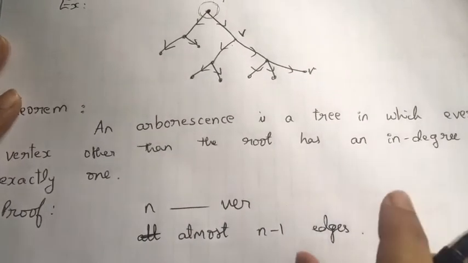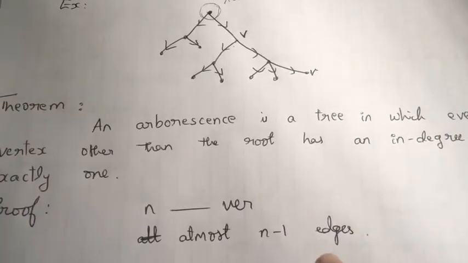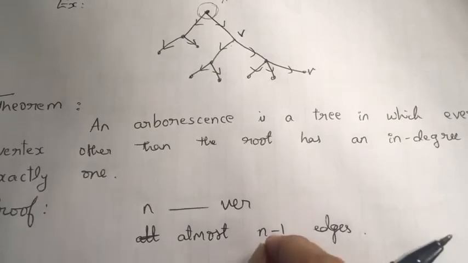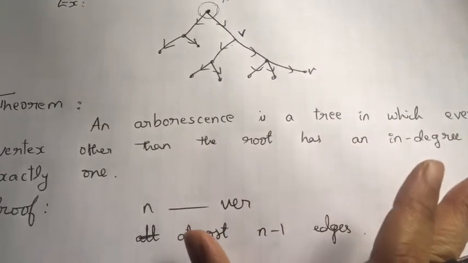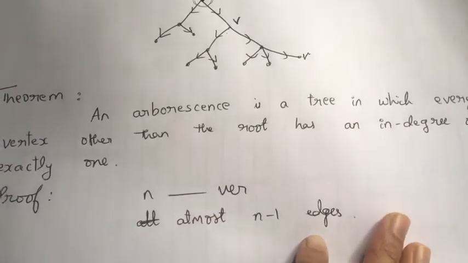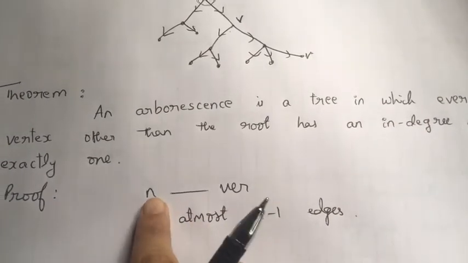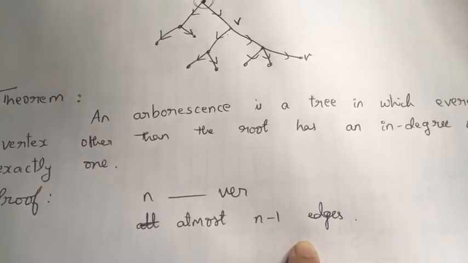because of condition 1 that says this digraph does not contain any circuit, meaning it does not have any directed or semi-circuit. So since it's circuitless, a graph with n vertices can have at most n minus 1 edges.